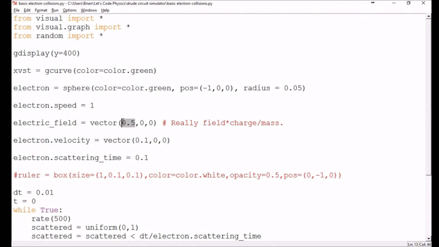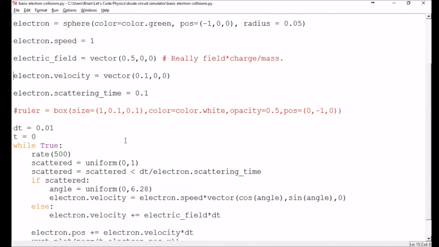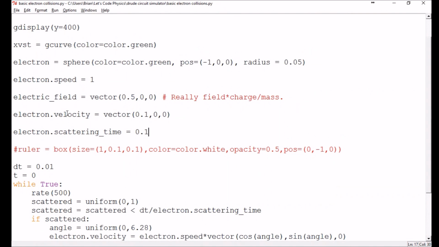We're giving that a value of 0.5, and then we're giving our electron an initial velocity slightly to the right. I could make that 0 if I wanted to. We can play around with that later. And then we're defining our electron scattering time, and I've recently gotten more heavily into object-oriented programming, so I'm now comfortable with just tacking on dot something onto here.